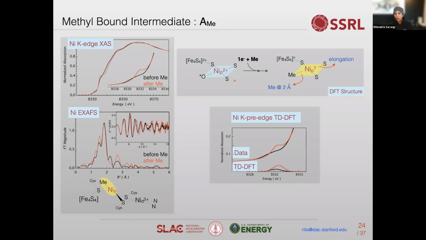And I didn't go into that a lot, but from DFT, you can see that this nickel P is slightly out of the plane in this form, but here it's sitting smack in the plane and it's more square planar. And the redox state of the nickel, because here you have nickel P plus question mark. Right. So the redox state of that: if you go back to the ENDOR and Mössbauer, we know that the spin state does not change.